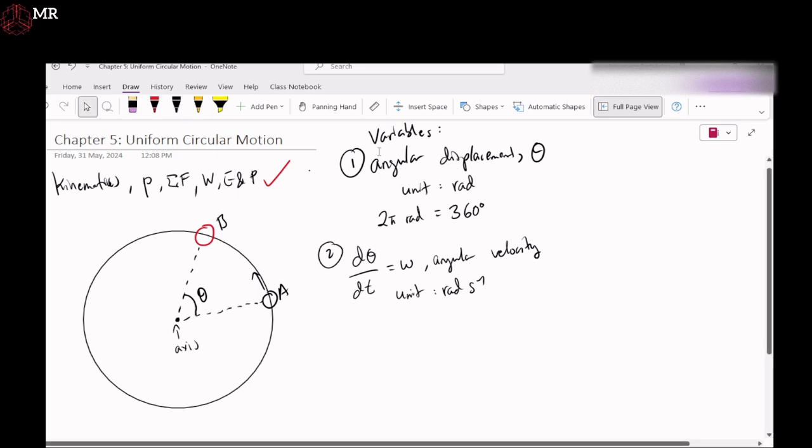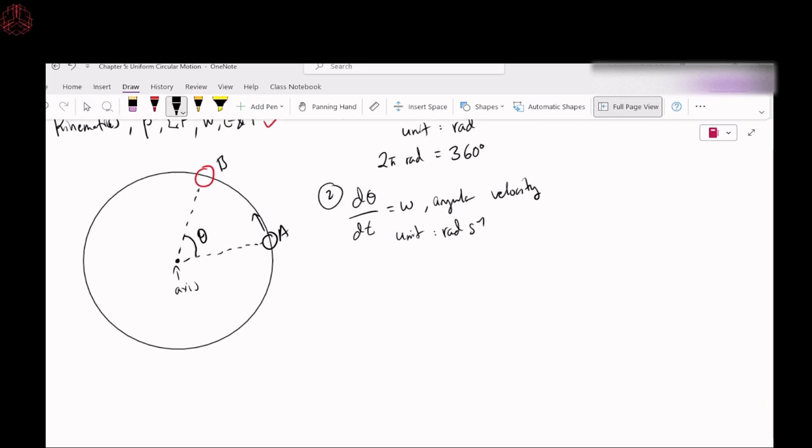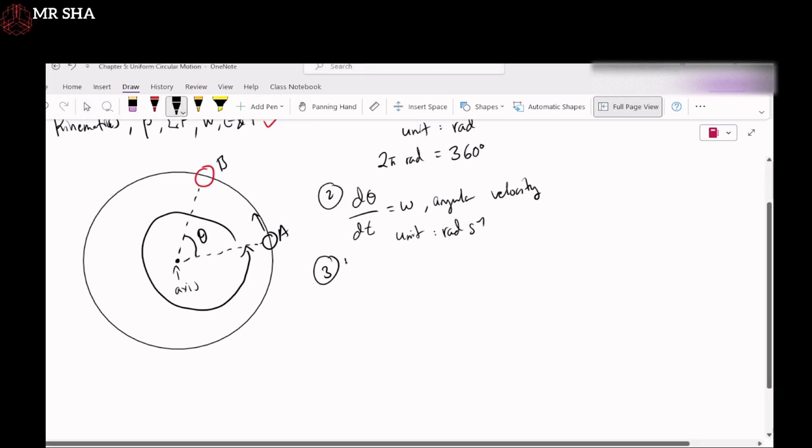One of the interesting things when an object moves in a circular path is that eventually it will come back to its initial position. The amount of time that it takes to go back to its initial position is what we call a period.